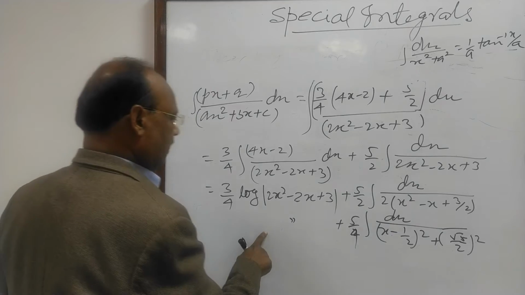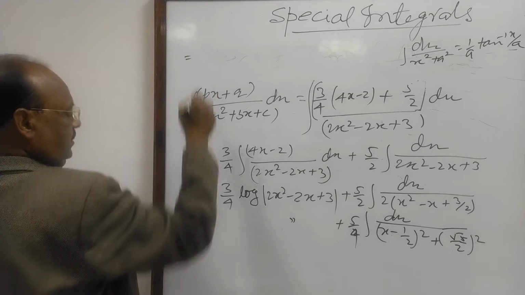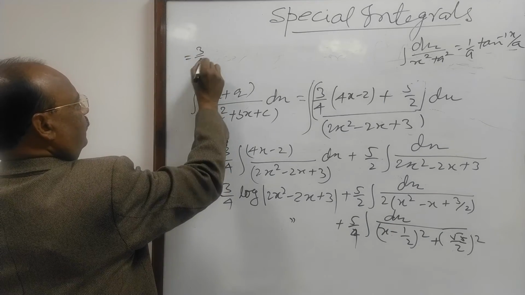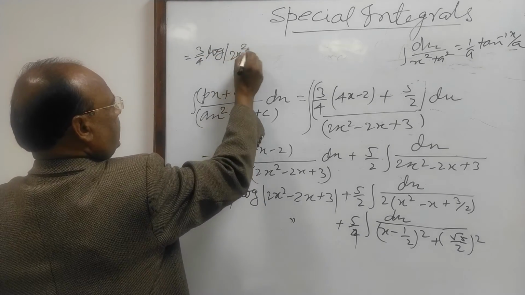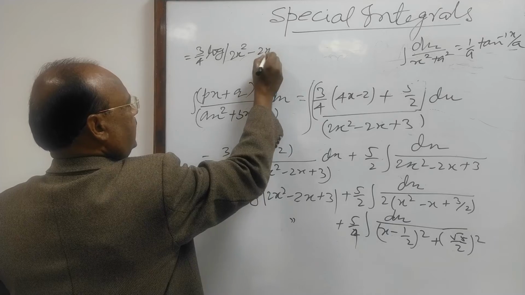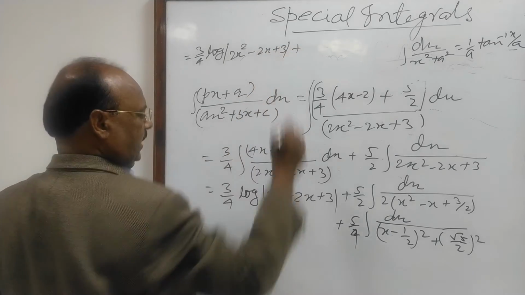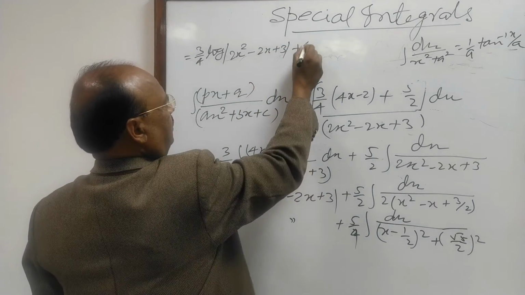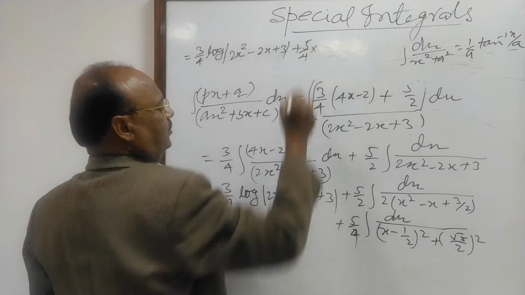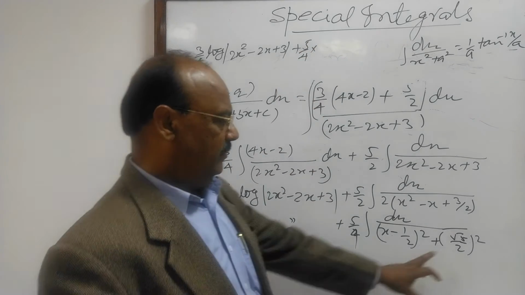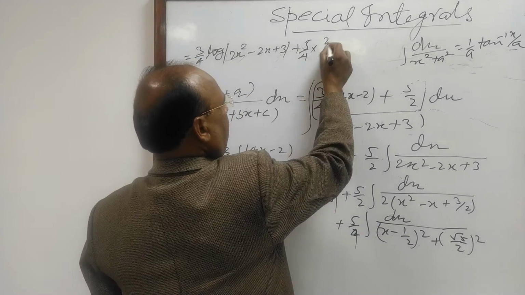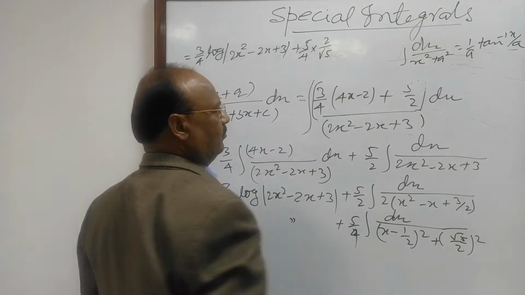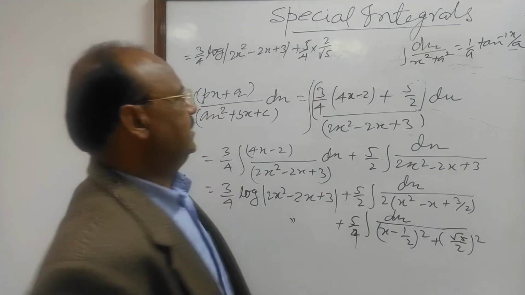So now we can write here, first term is 3 by 4 log of 2x square minus 2x plus 3, and second term can be written as 5 by 4 into 1 by a. In place of a we are having root 5 by 2, so this will be 2 by root 5, 1 by a, then tan inverse x by a.